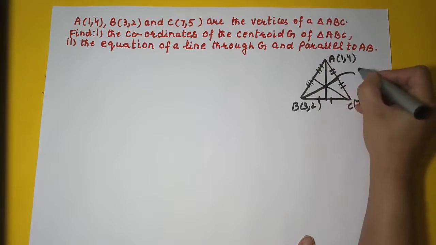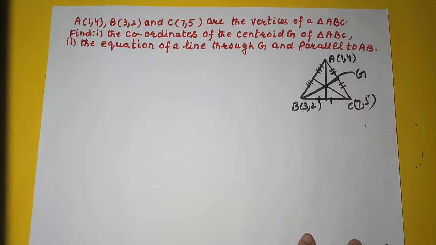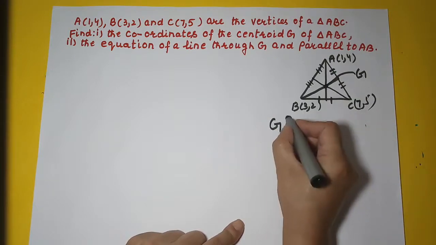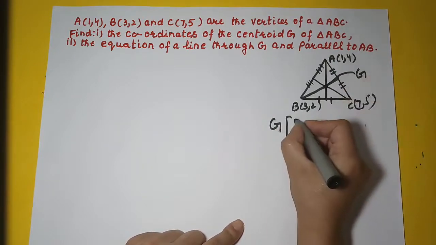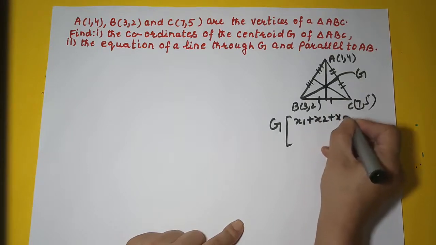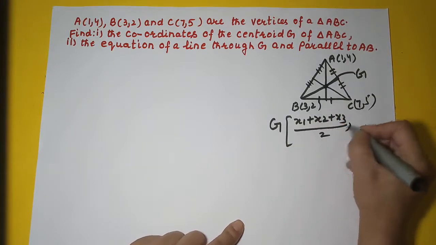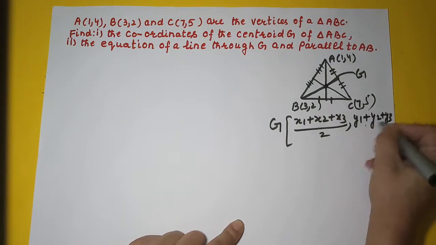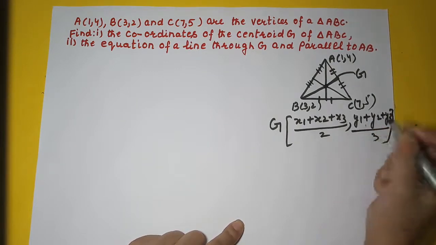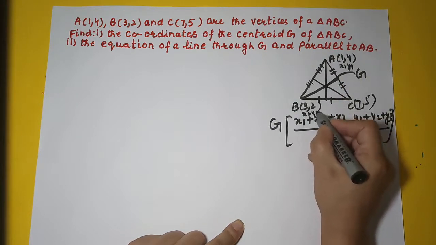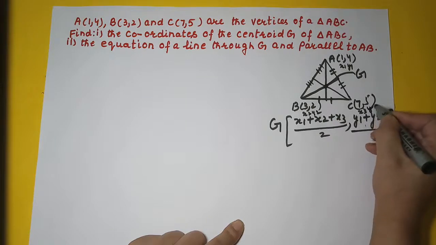This is called the centroid and it is denoted by G. And we know that the coordinates of the centroid are found as (x1 plus x2 plus x3) by 3, we have done this in previous questions, and (y1 plus y2 plus y3) upon 3. Now this is my x1 y1, this is my x2 y2 and this is my x3 y3.